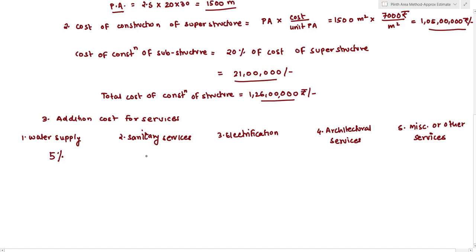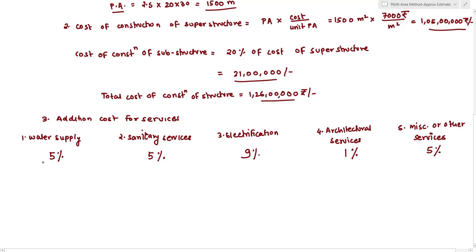For sanitary services, again it is in a range of 4 to 5%. For calculation purposes, we will consider it as 5%. Again, miscellaneous and other types of services will require 5% of the total cost of construction of a structure. For electrification work, we will consider 9% of the total cost of construction of a structure, and for architectural services we will consider 1% of the total cost.